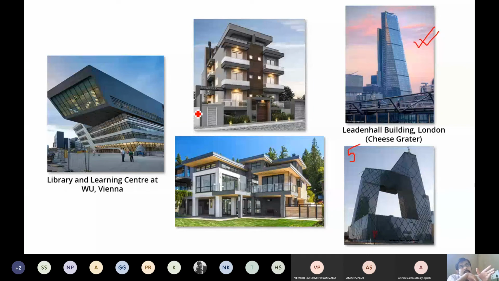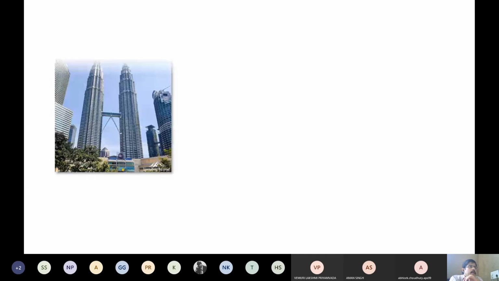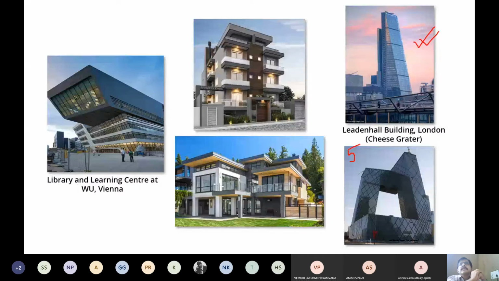The modifications I can suggest would be based on the building codes of Delhi. Otherwise, most of the buildings I have displayed can be used almost anywhere. I can take that Leadenhall building and put it in the desert in Rajasthan, and it would still function. Maybe the air conditioning load would be more, but most of these buildings are designed in such a way that they don't consider passive systems to a larger extent.